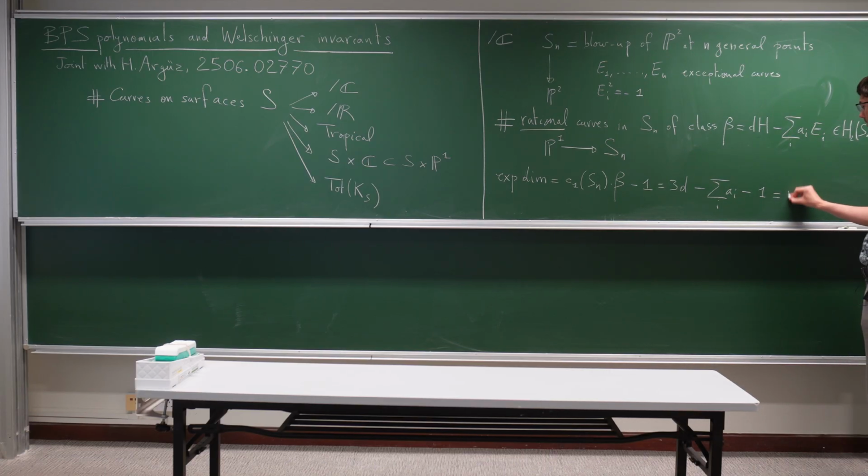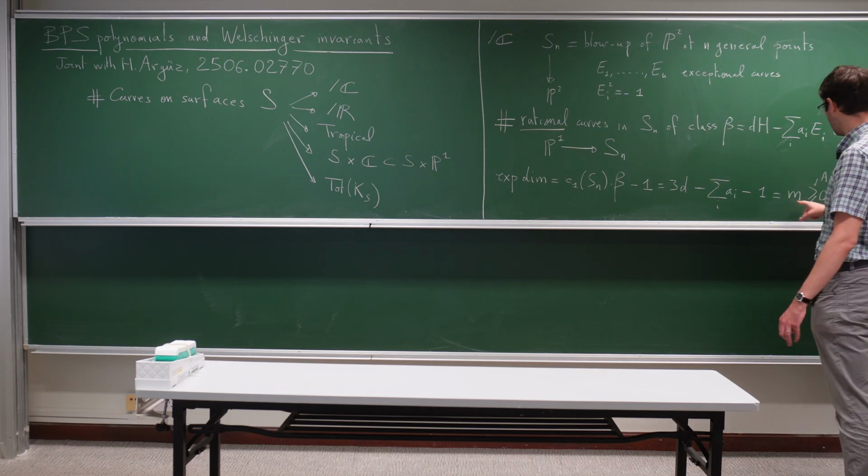And I will denote by m this number, and I will always consider classes beta such that this number is non-negative, so I assume that. So I assume that the expected dimension is non-negative, that there is some moduli space of such curves. And then to get a number, I will simply impose my curves to pass through the correct number of points in your surface, and the correct number of points is this m.